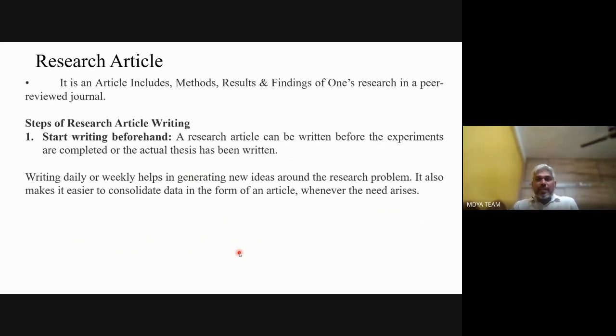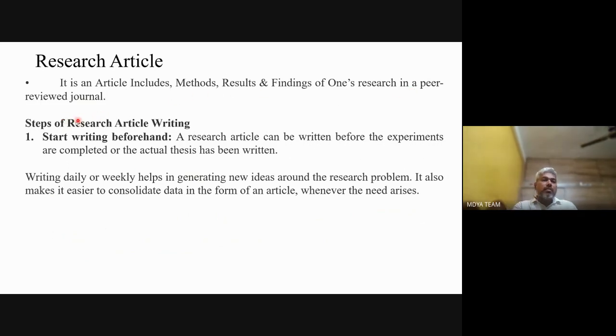We have completed thesis, and today we have learned about the synopsis and abstract. After that, we went through the research report and research paper, and after that the final thing, which is a research article. It is also like a research paper, but it is a bit different. Here, an article includes the methods, results, and findings of one's research in a peer reviewed journal.